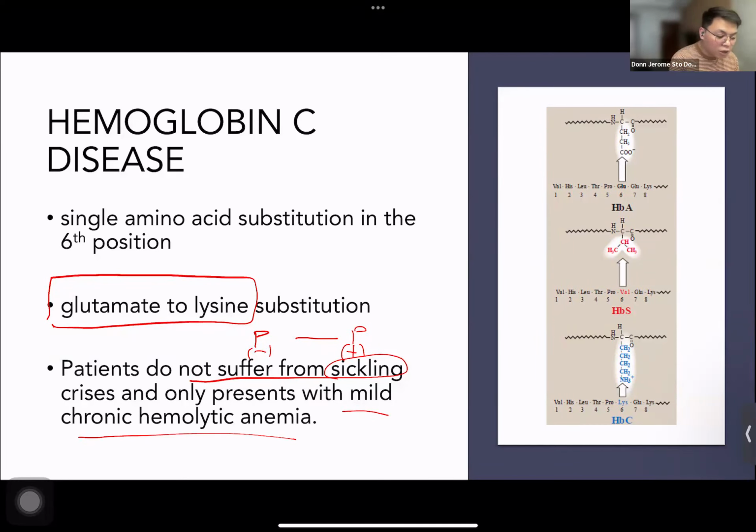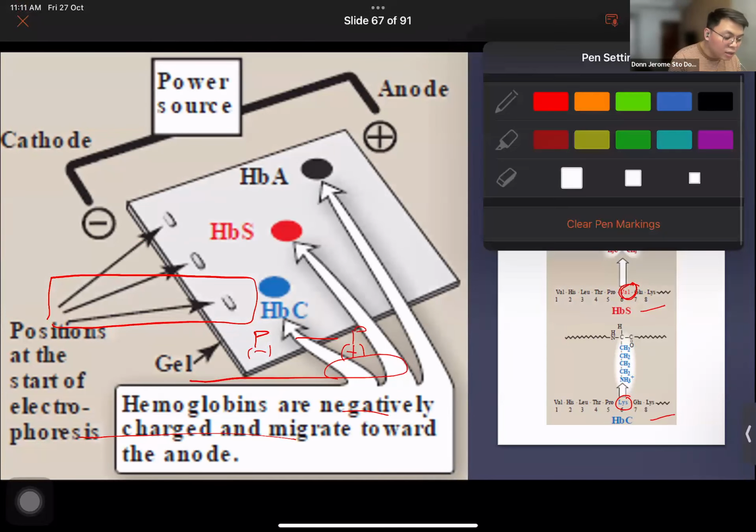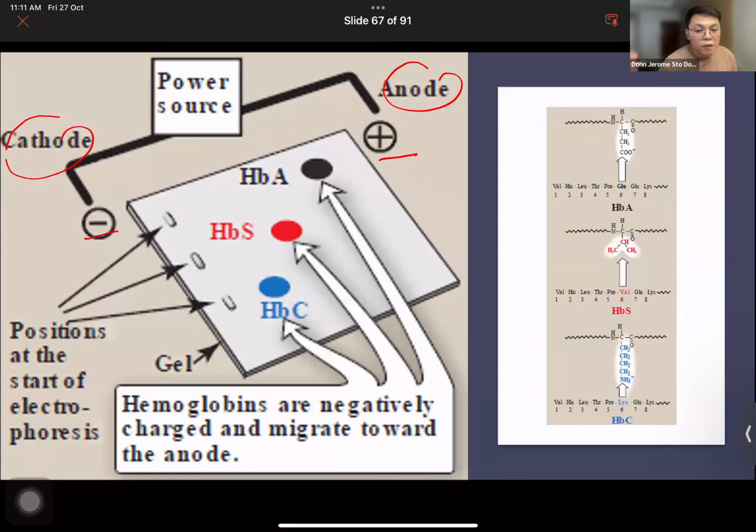On your right, you'll see the original glutamic acid residue in hemoglobin A. That is replaced by valine in hemoglobin S, and by lysine in hemoglobin C. Such that if you subject them to electrophoresis, this is the cathode or negative side, and the anode, positive side. Which hemoglobin will travel the farthest?